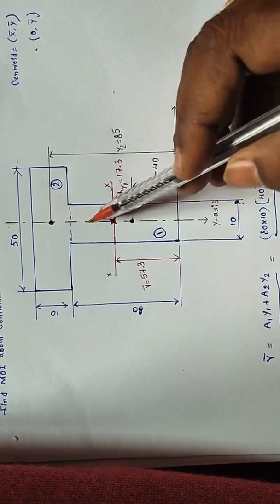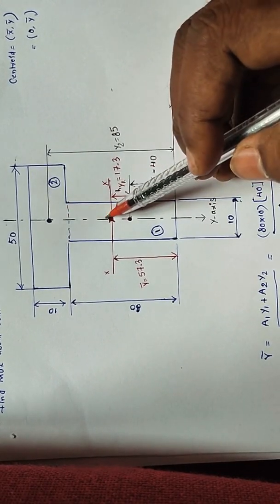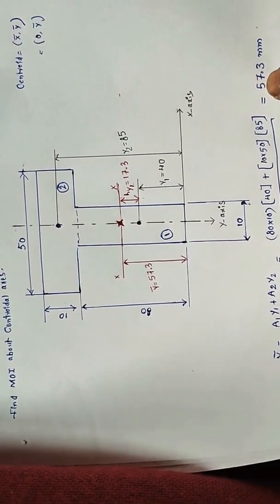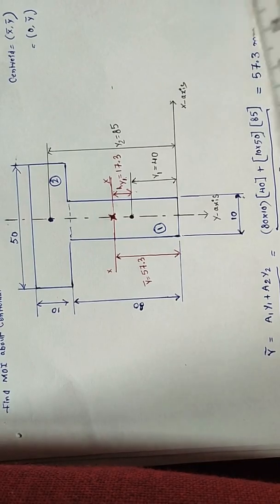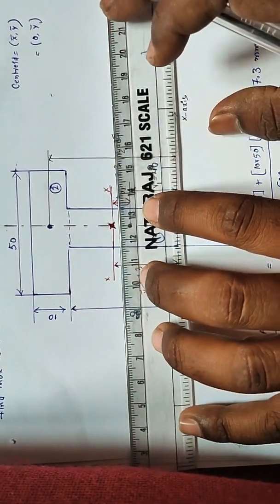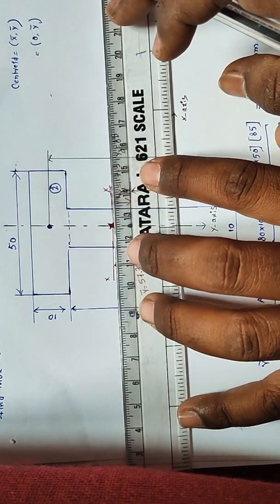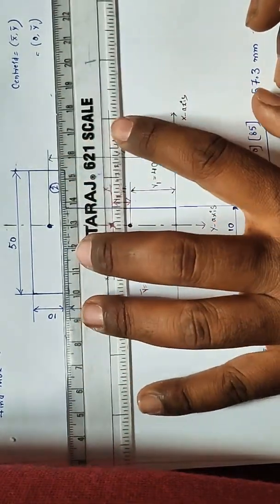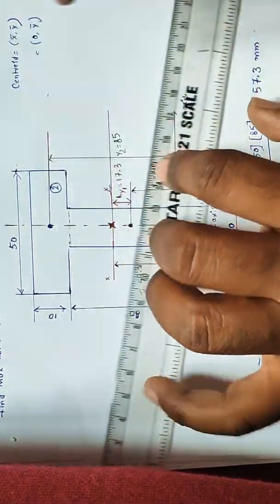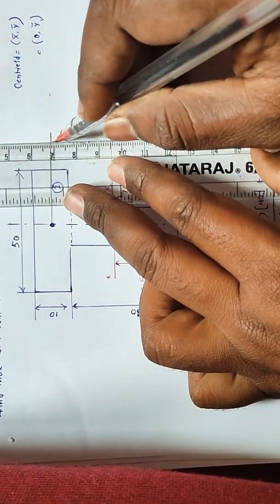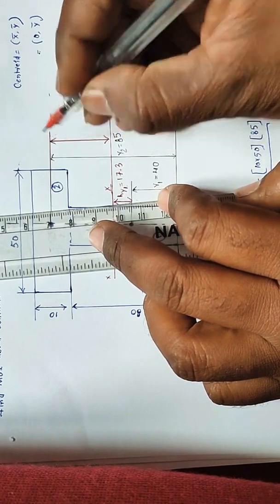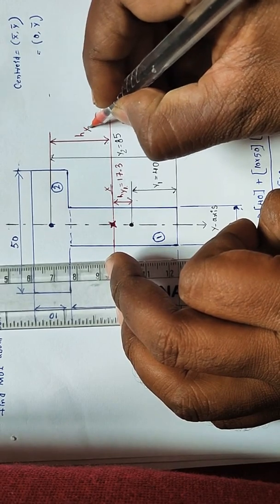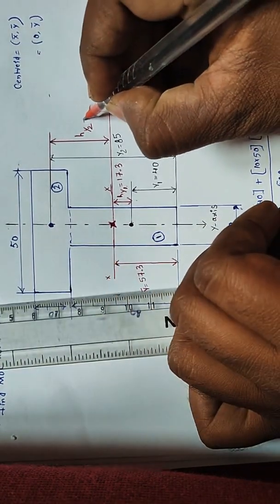So the difference between these two points is hy2, the centroid of the total compound section to the centroid of the second element. If you measure the distance between these two, it is here. Along the vertical direction we are measuring, that's why hy2 for the second element.